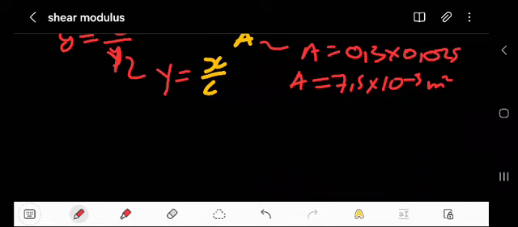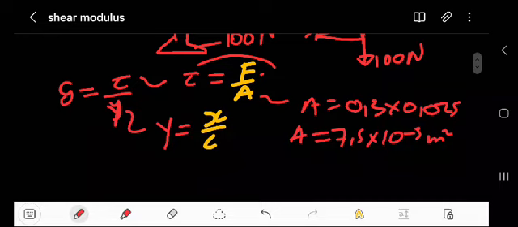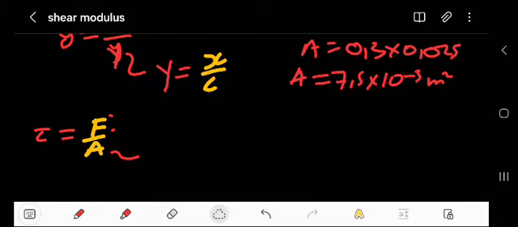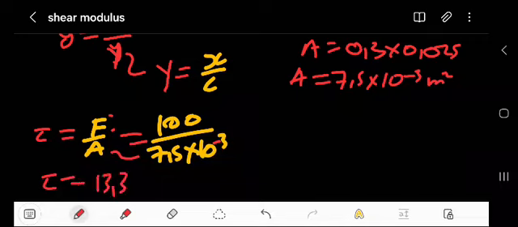We have the area. Now since we have the area, we can find the shear stress, the direct one. We know the force we've been given, which is 100 Newton, divided by this area, then shear stress will simply equal 13.333 kilopascal, measured in pascal.